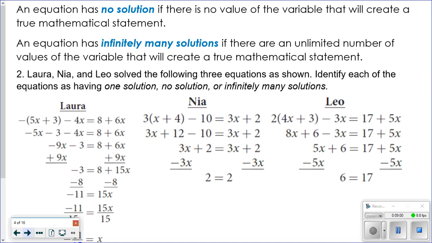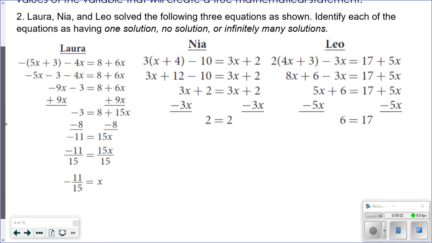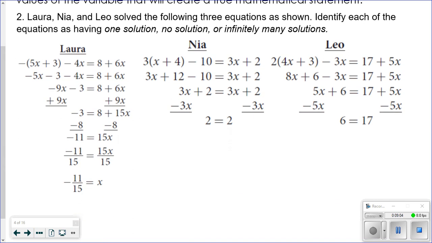So let's take a look at question 2. We have 3 different students here, Laura, Nia, and Leo, and they solved the following 3 equations as shown. We can see all of their work and all of their answers. What I want you to do is identify each of these equations as having one solution, no solution, or infinitely many solutions.